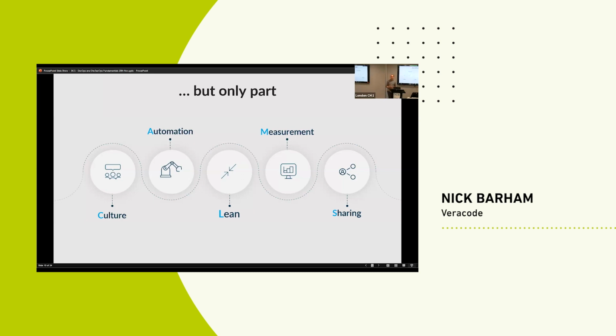Are we thinking in a lean manner? So are we considering whether our processes are burdensome? Are there bottlenecks? Are there time sinks in our process which we can remove? So lean is all about thinking about this picture and trying to remove it. But also, are we in a position to start measuring how we're doing automation and DevOps? So can we measure, for example, a lead time from a product inception to being released?